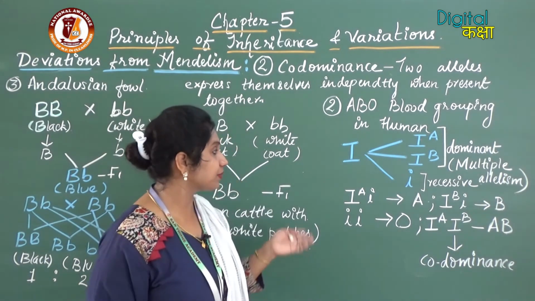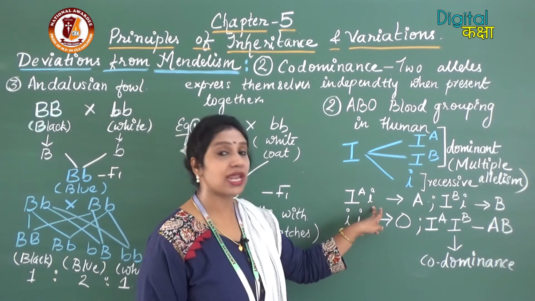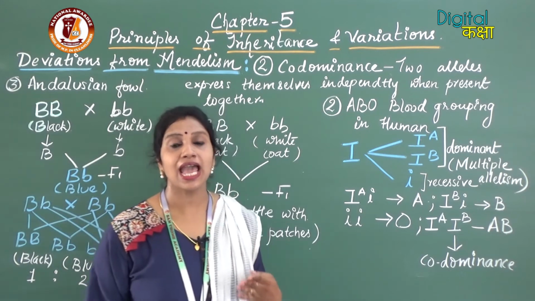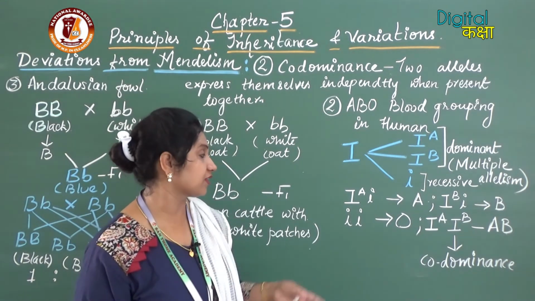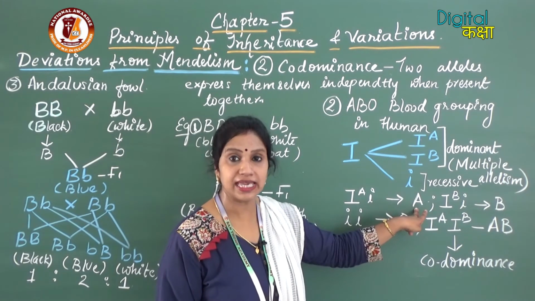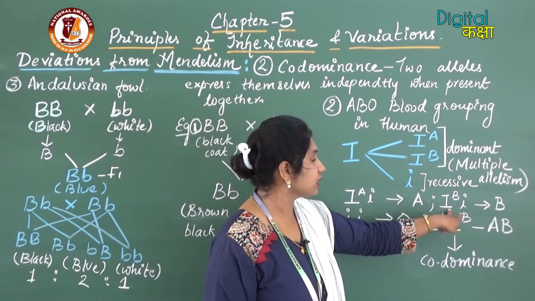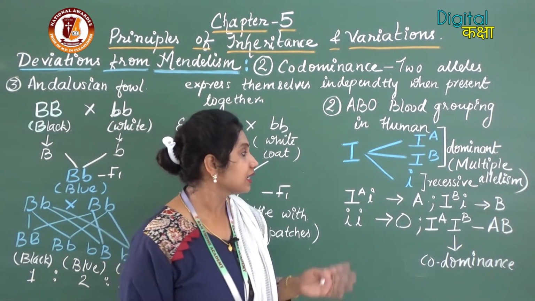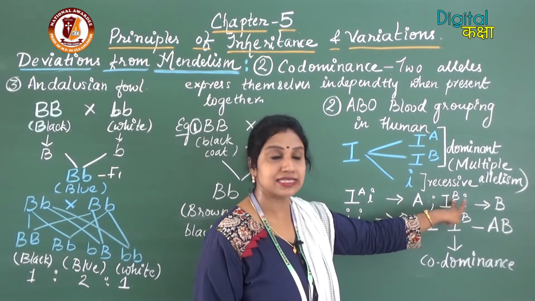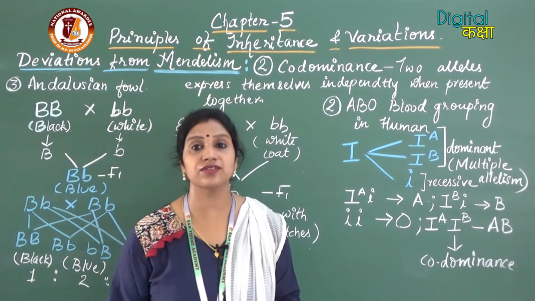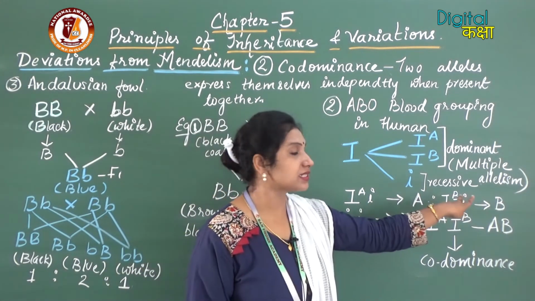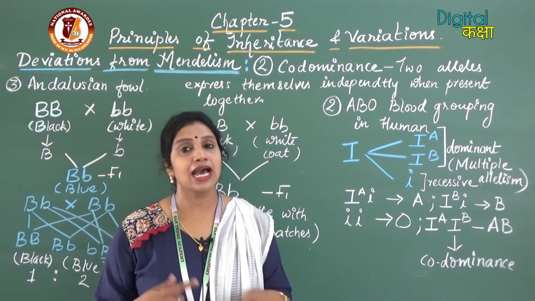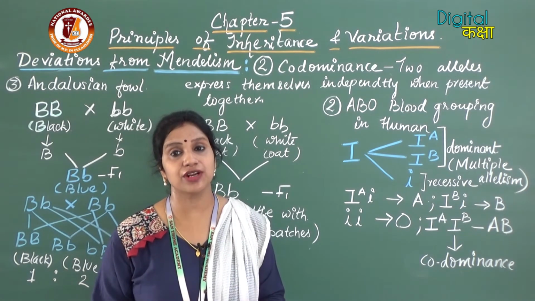Now let us take an example: IA and small i when present together, IA will express itself, so the blood group of the person will be A. Second condition, when the two alleles IB and small i are present together, then IB will express itself and the blood group of the person will be B. One allele the person gets from his father and the other allele from his mother.